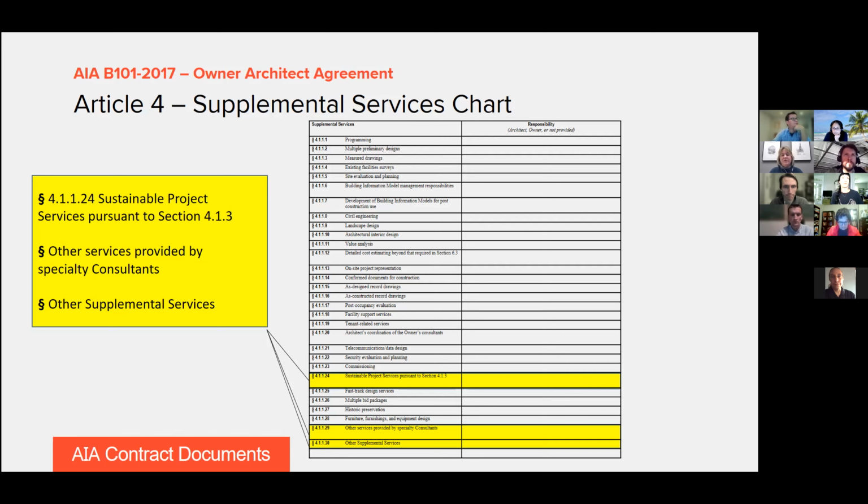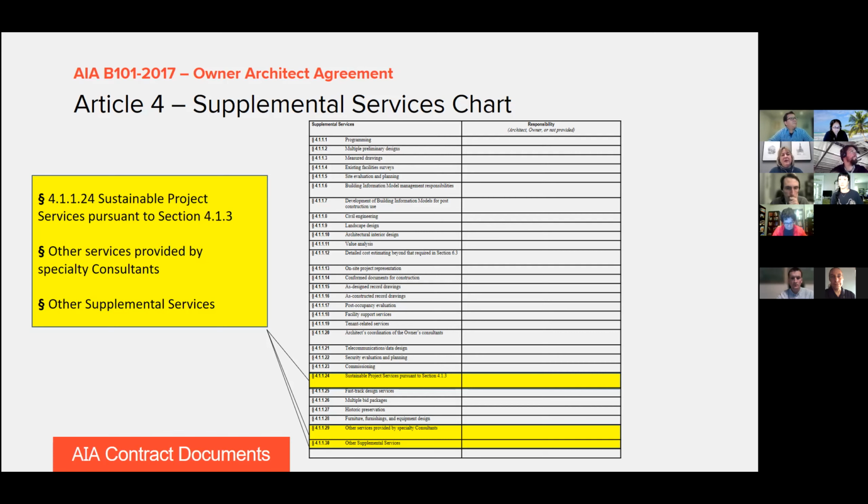And so if you're familiar with the B101, there's this lengthy chart in Article 4, which outlines a myriad of services that the architect can provide that are known at the time of the contract, but that will be for a separate fee, typically outside of their basic fee. And in this chart, I've just highlighted a few of the areas where you could come in and edit this document and put in the sustainability services and/or energy modeling services.